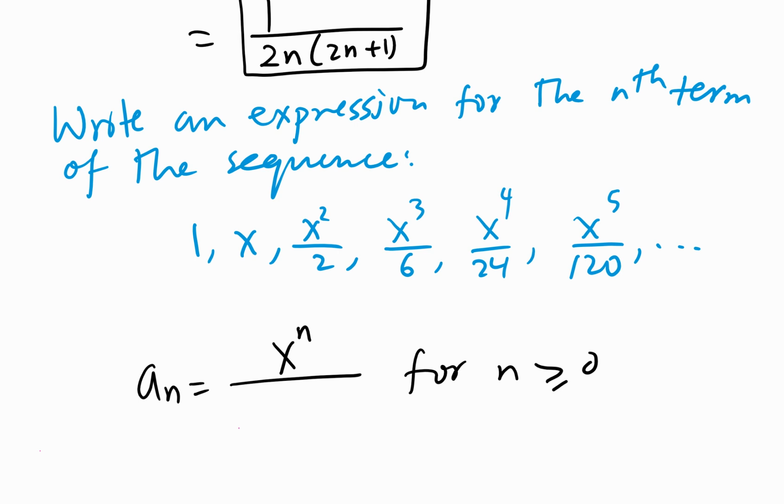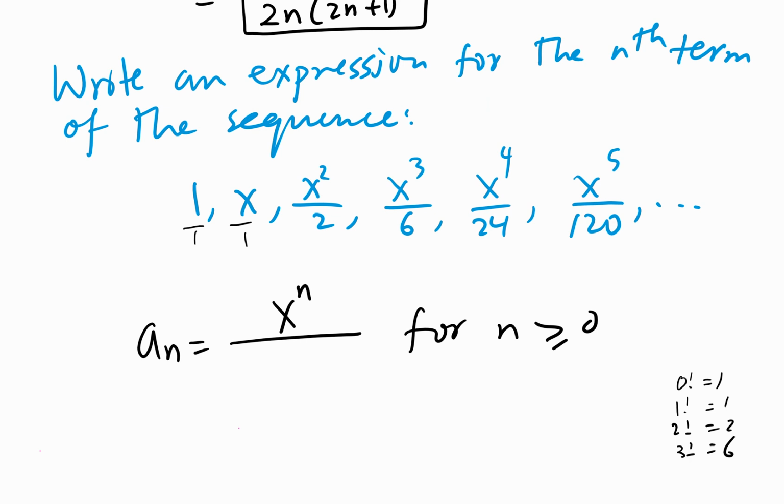But if you try the factorials, 0 factorial is 1, 1 factorial 1, 2 factorial 2, 3 factorial 6. Oh, it looks like it's coming out. 4 factorial, 4 times 3 times 2 times 1, 24. Oh, that looks like it's n factorial.